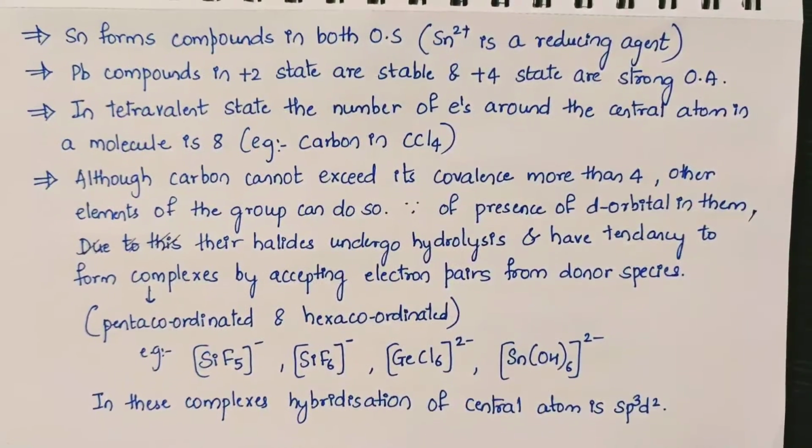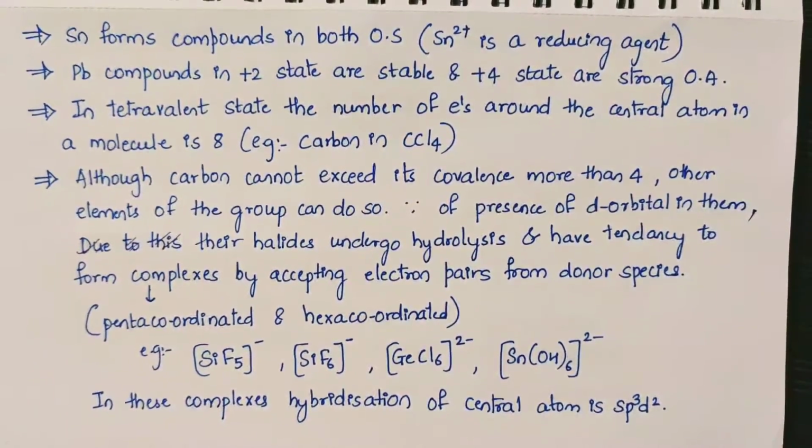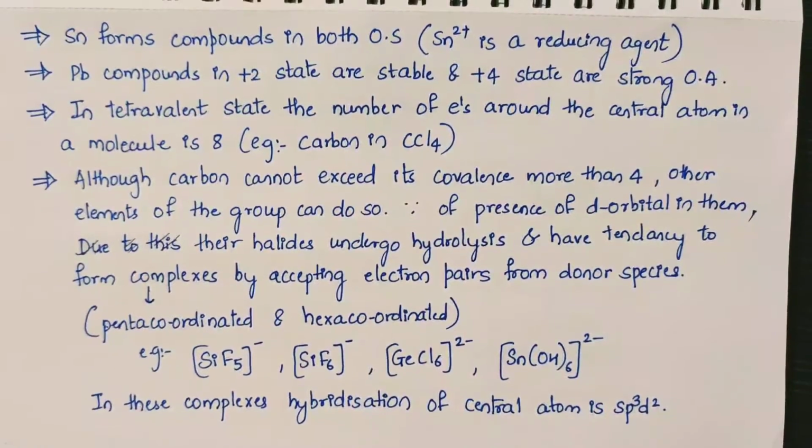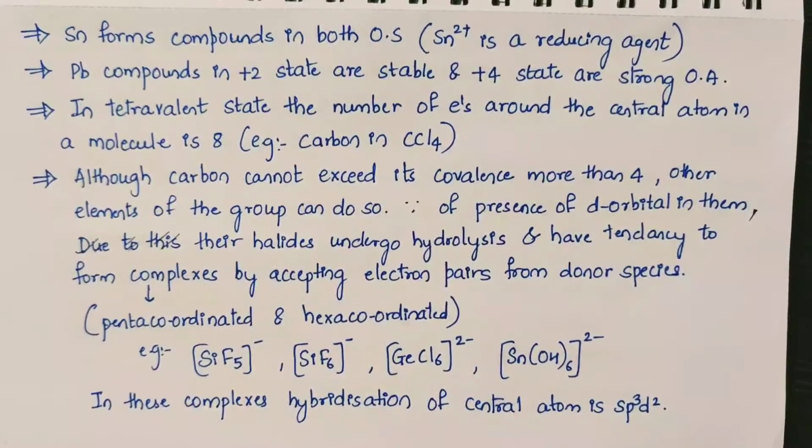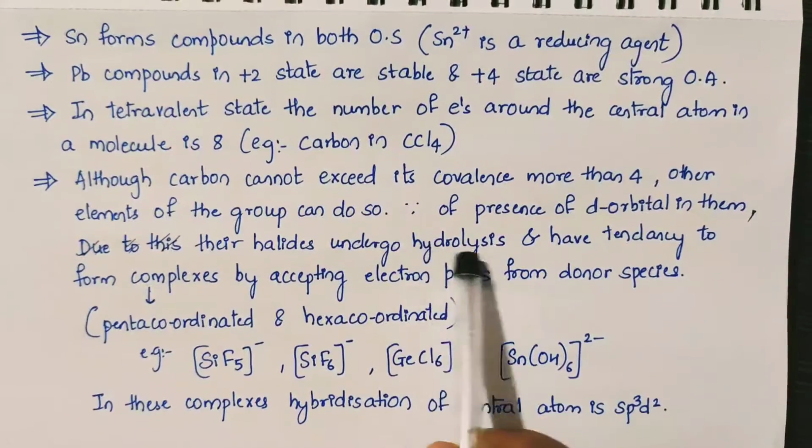Carbon, because of the absence of d orbitals, cannot expand its covalency beyond 4, whereas silicon, germanium, tin and lead, due to the availability of vacant d orbitals, show covalency greater than 4, and hence can form pentacoordinated and hexacoordinated complexes. Also, they are capable of undergoing hydrolysis.